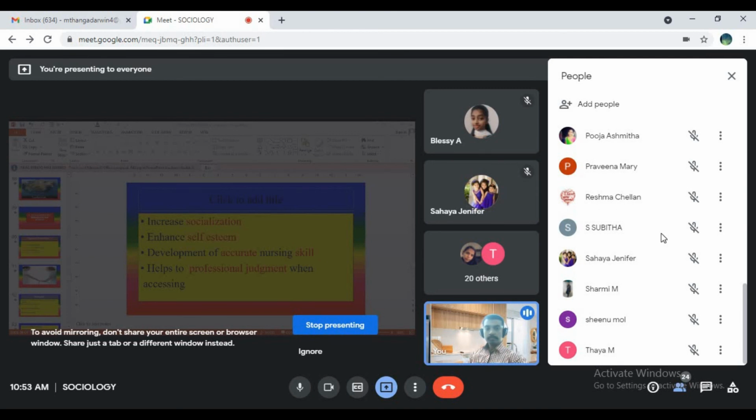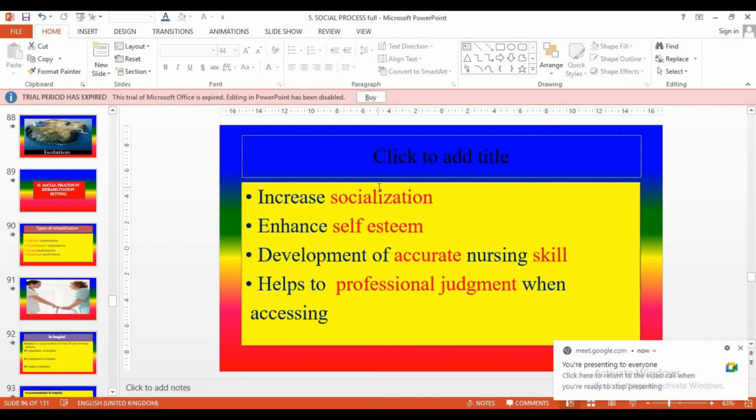So, do you have any clarifications? What we have learned today, highlights of today. Assimilation. We share knowledge and experiences to maintain similarities in the group or new environment.